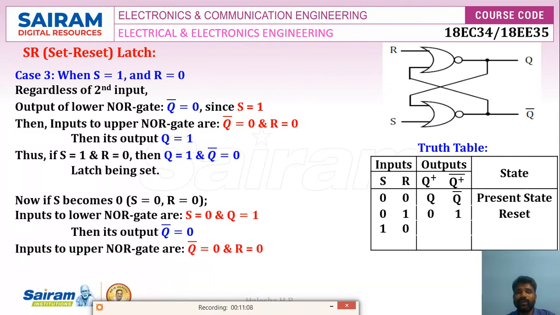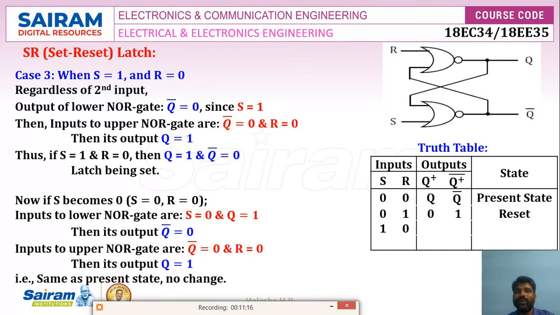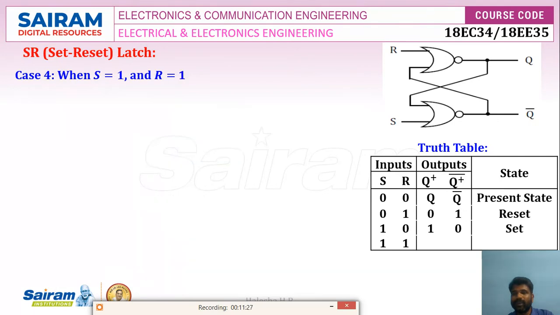So the inputs to the upper NOR gate are Q bar equal to 0 and R equal to 0, so its output is 1. So it is the same as present, no change. So when S is equal to 1 and R is equal to 0, Q plus becomes 1 and Q plus bar is 0. That means set state.